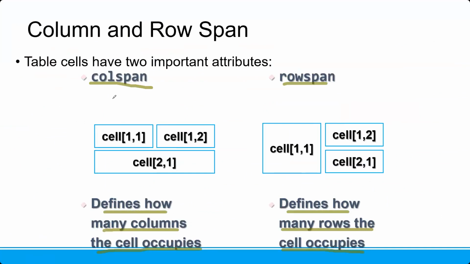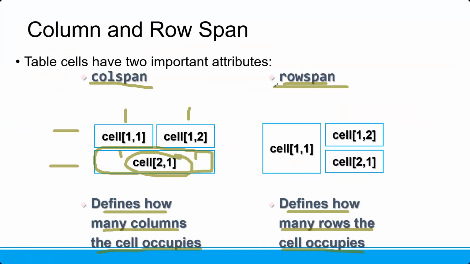Let's see this one. I have two rows. In the first row, there are two cells. But in the second row, I only have one cell. So it means in the second row, I want to merge column 1 and column 2.